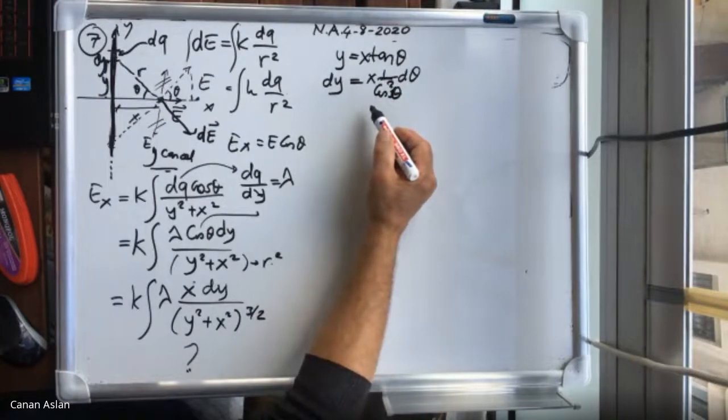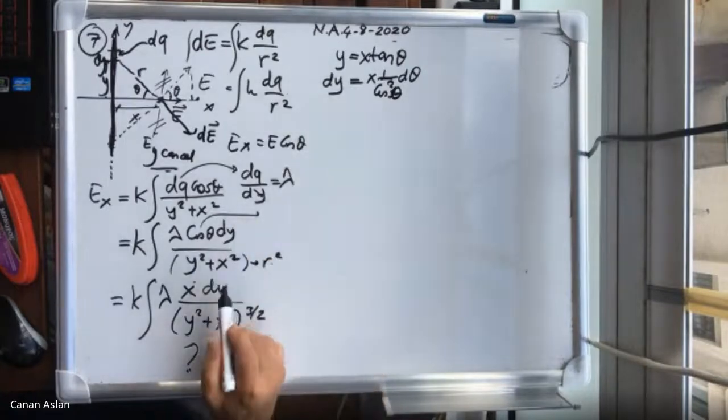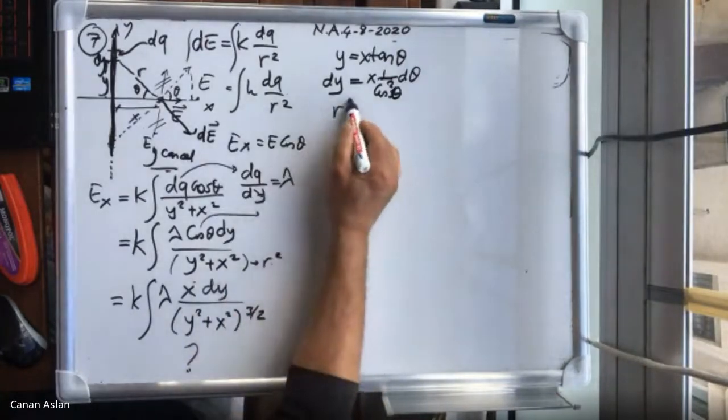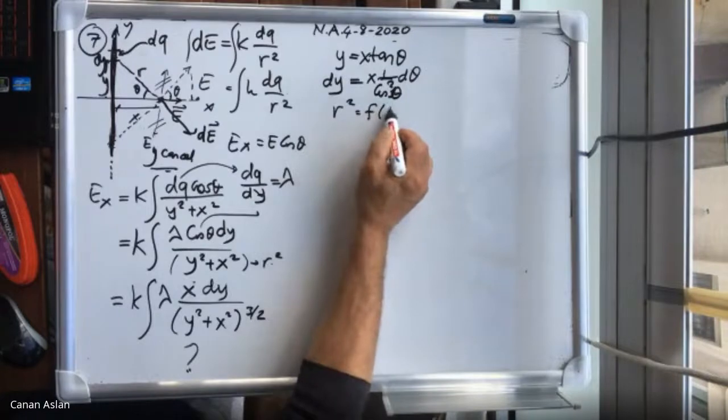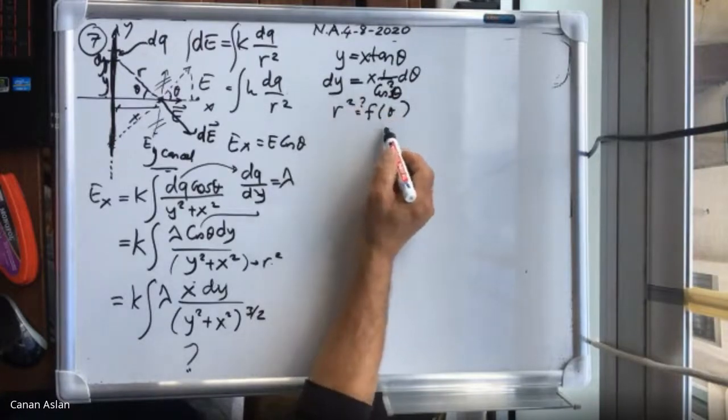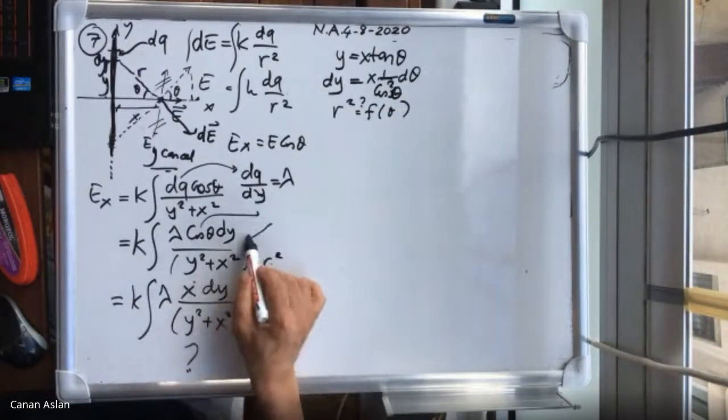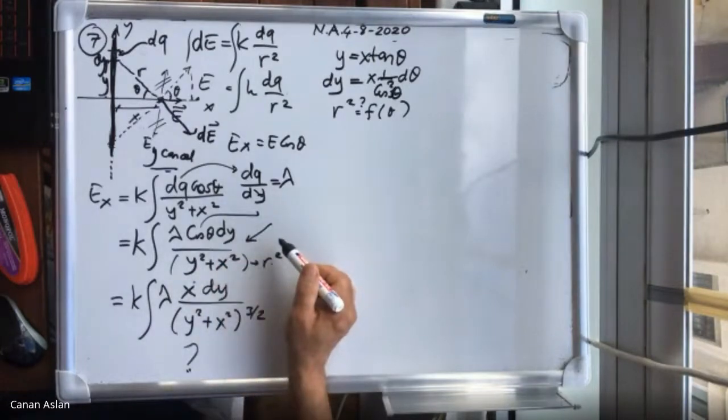So not only this, but we also have r to handle, because this is r square. So what is r square in terms of theta? Once we do this, then we can place everything into this integral and write everything in terms of theta.